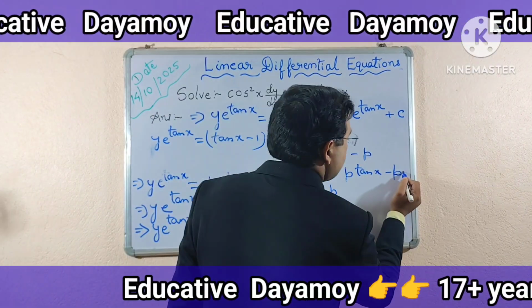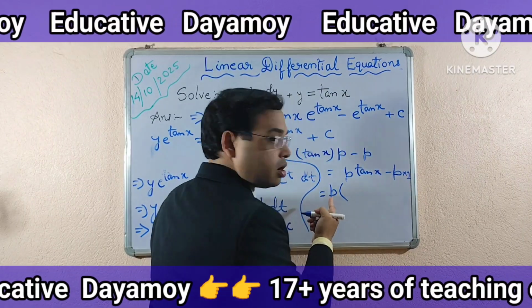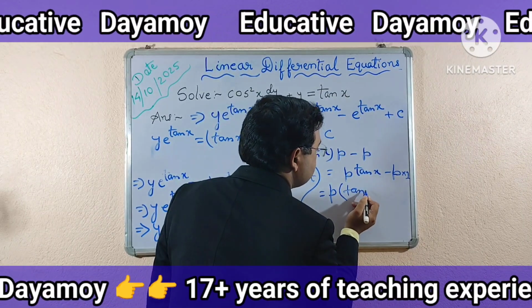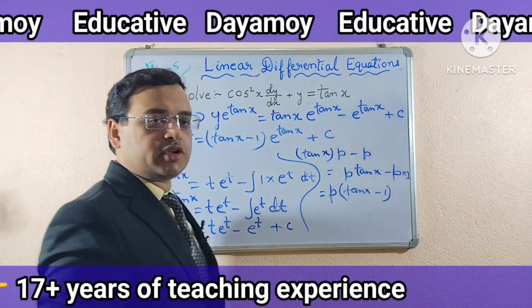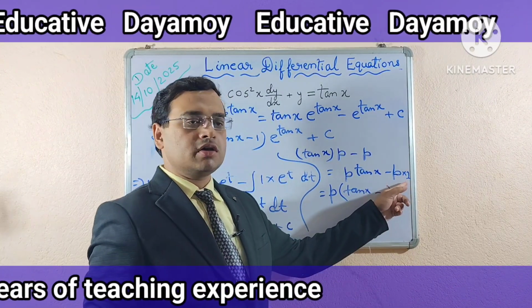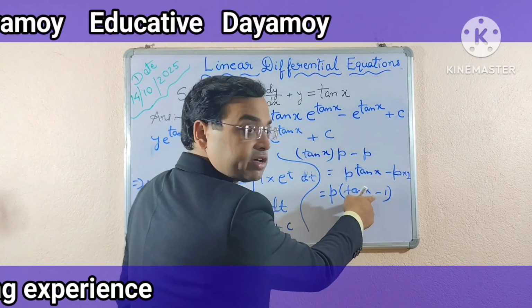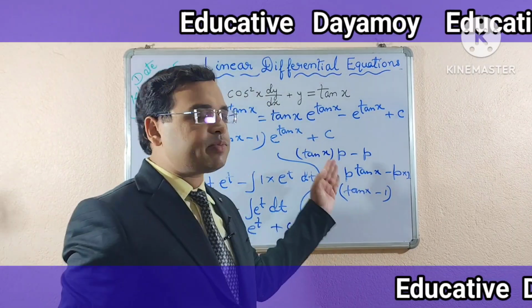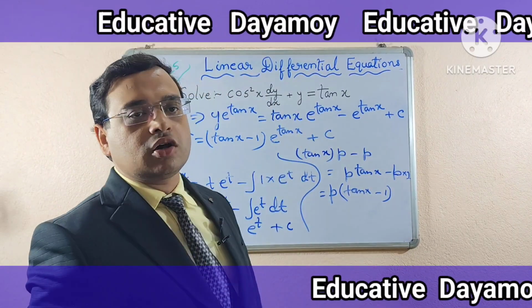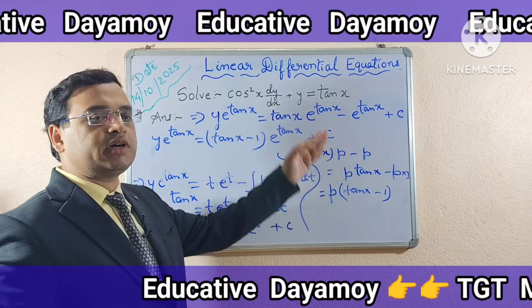Here nothing is there, that means 1 is there. So I will take p common and write tan x minus 1, because p I have already taken common, so minus 1 is left. So p(tan x minus 1). Similarly, in this manner I have taken e to the power tan x common, and I have got this term.